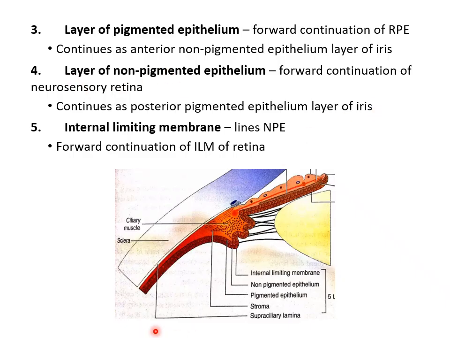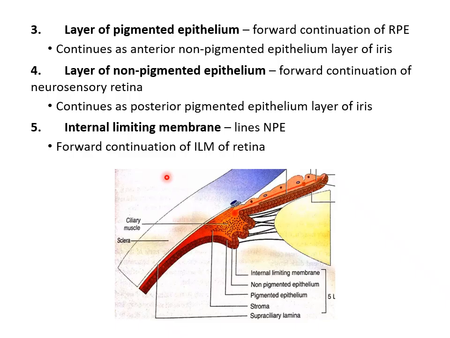The neurosensory retina continues forward as the non-pigmented epithelium of the ciliary body and then continues as the posterior pigmentary epithelium of the iris. The arrangement of these layers is basically because of the folding of the neural tube.